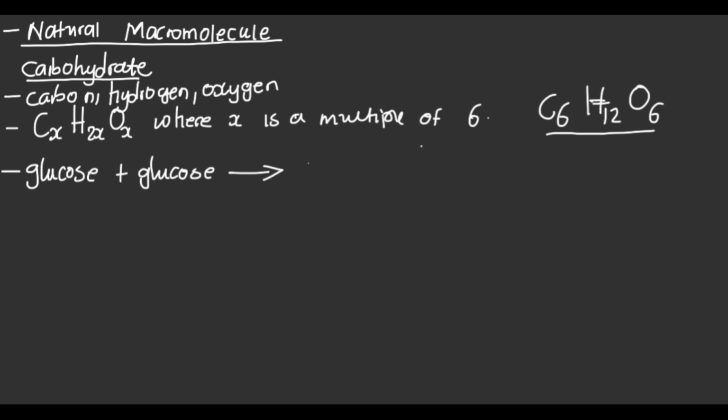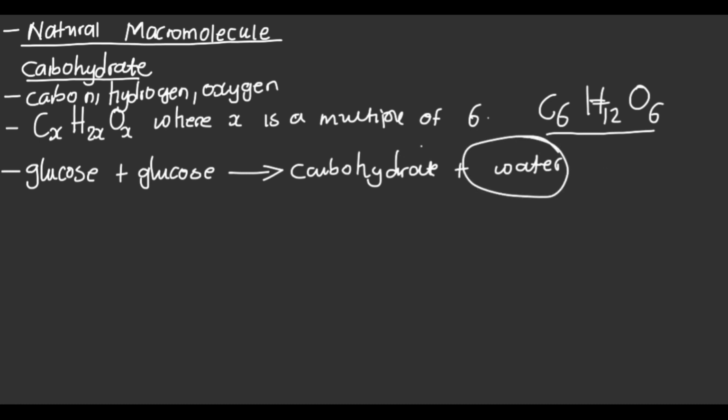So glucose plus glucose, here we are going to have the polymer. In our case, our polymer is the carbohydrate plus water. So remember, even these natural macromolecules such as carbohydrate are also formed by condensation polymerization. So under condensation polymerization, water is also part of the product.